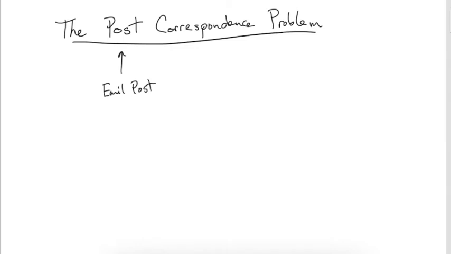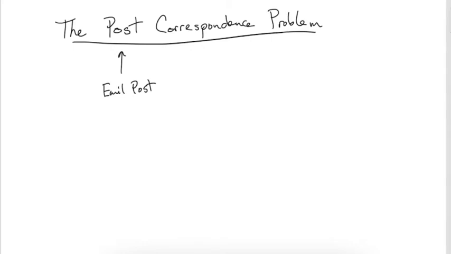One fun fact about Post: he did this in the 1930s or 40s, around that time. Post is the person who invented the word string in computer science. Little computer science trivia for you.